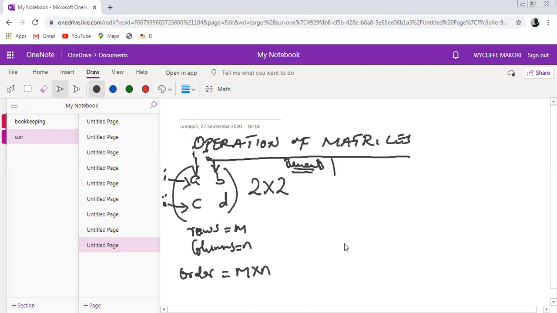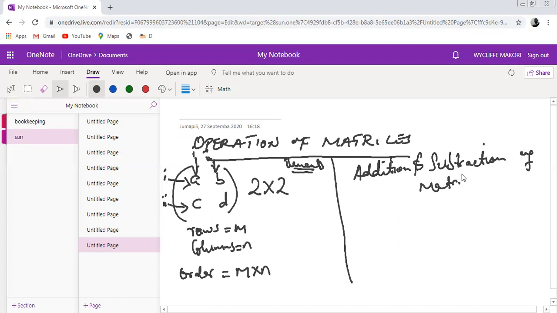As far as operations of matrices are concerned, we are going to talk about the addition and subtraction of matrices. Matrix is one, matrices is the plural.